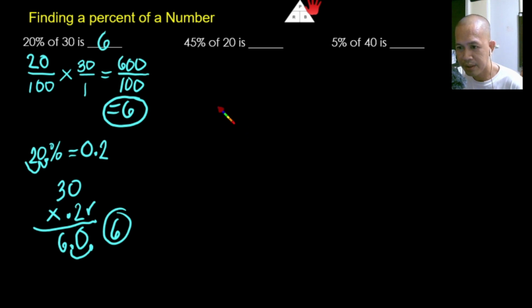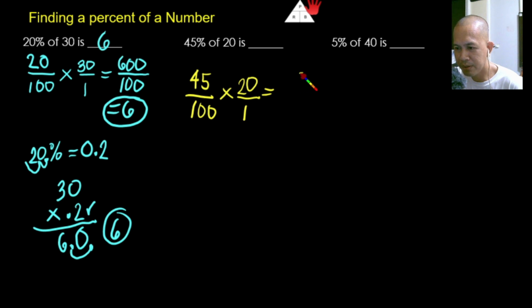Let's have the next example. 45% of 20 is blank. So we're going to change 45 to fraction, which is 45 all over 100 multiplied by 20 all over 1. So we're going to multiply 45 by 20. So we have 0. 2 times 5, that is 10.